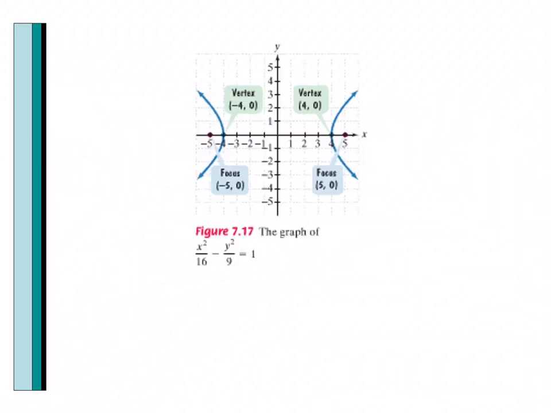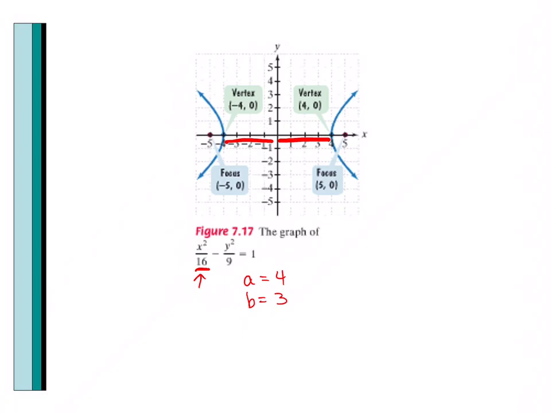Now, what can we learn from the standard form? Well, pretty much everything we want. You can see this one is horizontal because the x is first. We know that a is 4 because it's the square root of 16. So you go 4 this way and 4 that way to get to the vertices. You can tell b is 3. We'll look at that in a moment.